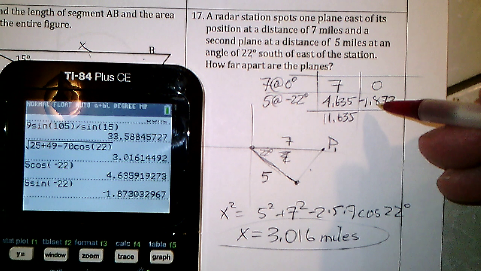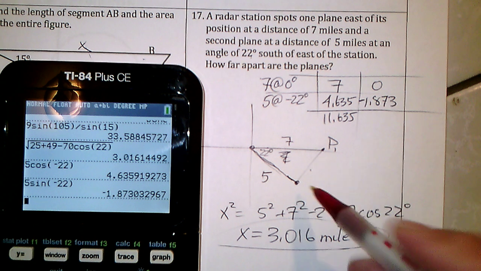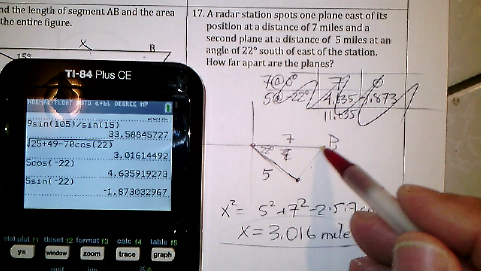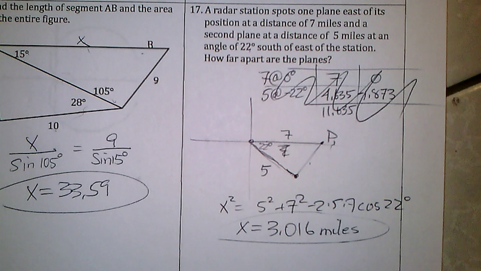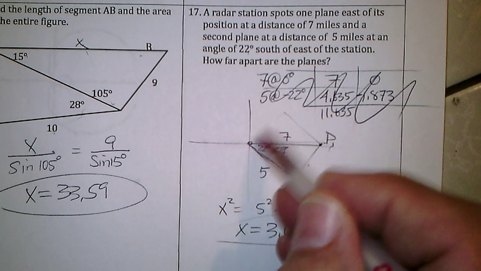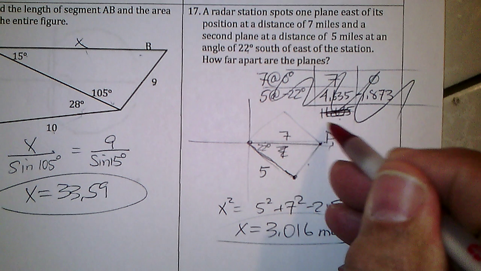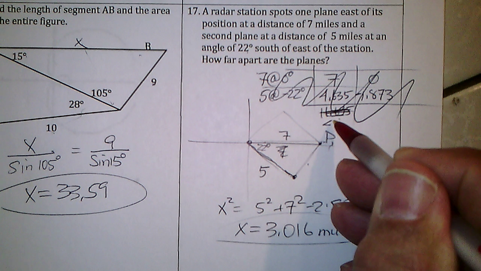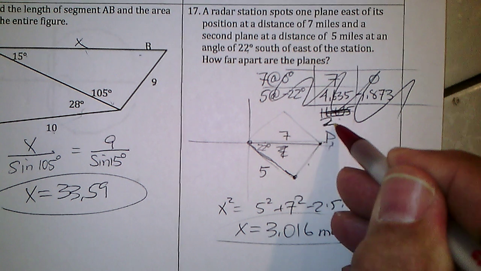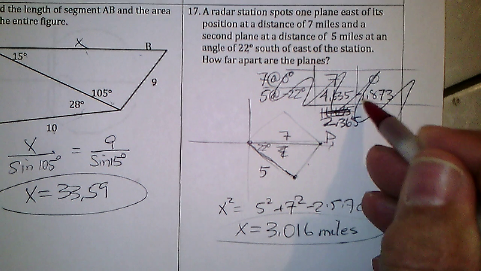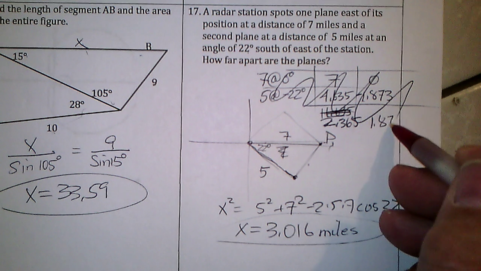And, oh, I'm not trying to add these vectors, and that's what I was doing. So no, I don't want to do that. I just want to find the distance between them, which would be if I took this vector and subtracted that one. I knew I was getting something wrong here. I could do this by doing this and subtracting. I'd get 2.365, and 0 minus that is 1.873.